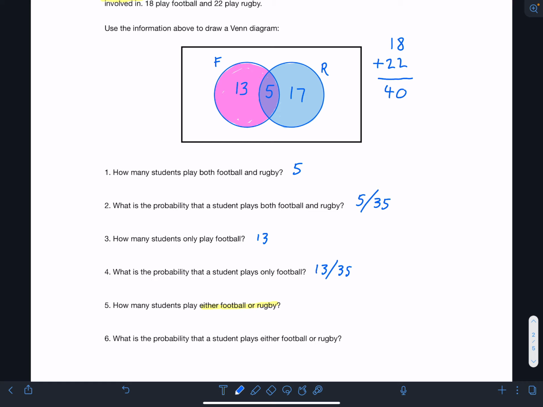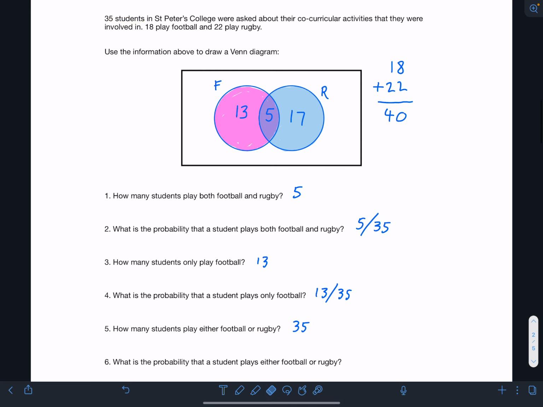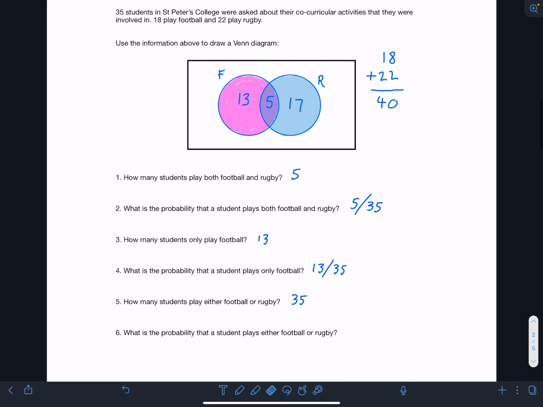And so in this situation, it is 35. So actually every student who was asked plays either football or rugby. And when we write that as a probability, it's the number 35 divided by how many students were asked, which is 35. So it's 35 divided by 35.